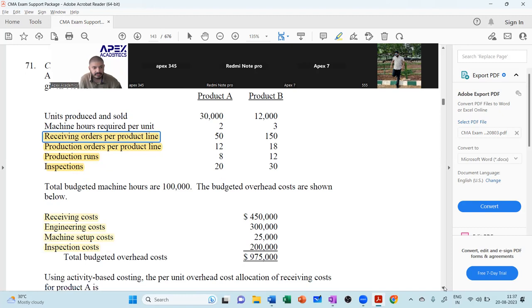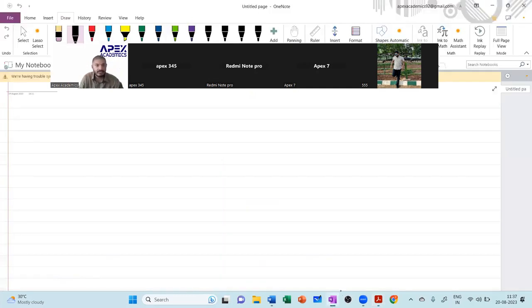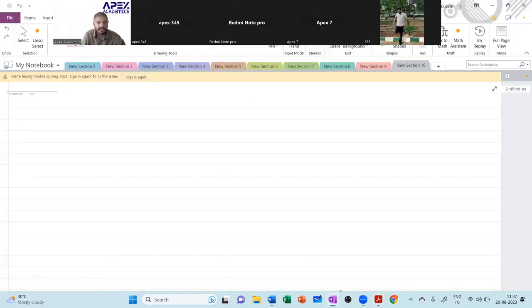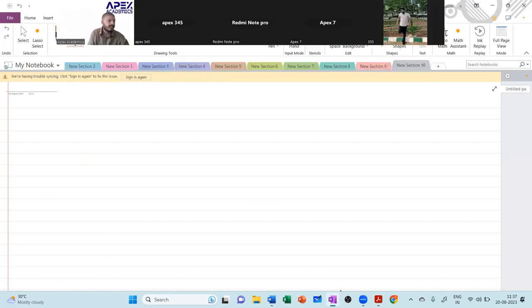Now here, unit-based costing per unit of overhead allocation of receiving cost per product. They're asking you a very microscopic thing over here. I am not bothered about this. I am interested in the big picture. I will not waste my time on this one little thing that they have asked. So I want everybody to pay attention.